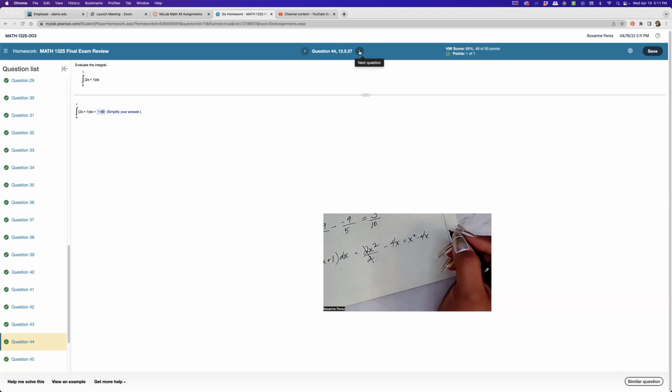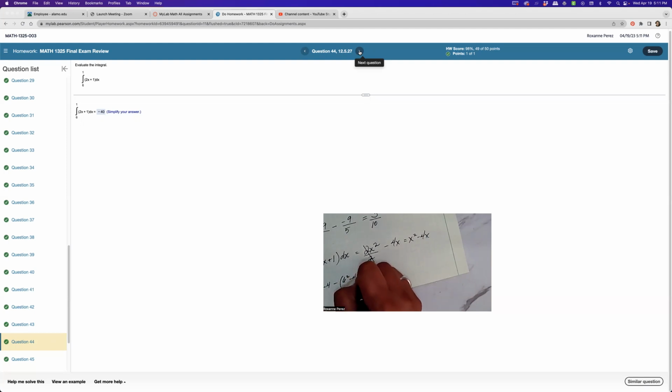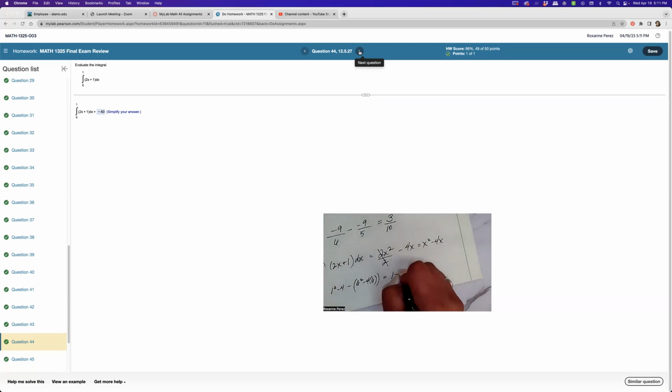And then when we evaluate, it's going to give us 1 squared minus 4, minus 6 squared minus 4 times 6. Equals 1 minus 4 minus, give me a second.